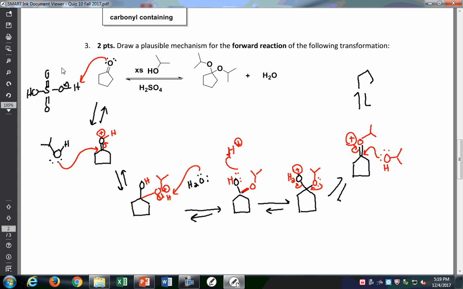But that attack is neutral, so that's going to leave us with a positive charge. So our last step is just one last proton transfer. And of course this lost water. One last proton transfer to form our neutral product. And again, water is being formed in the reaction, so it's likely water.